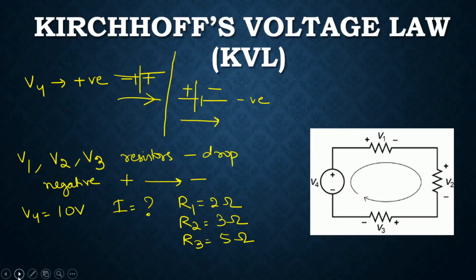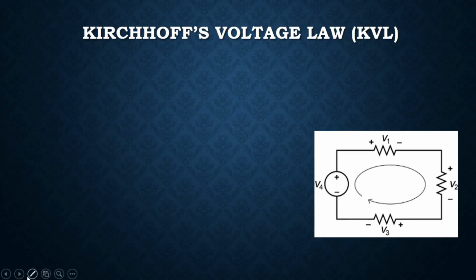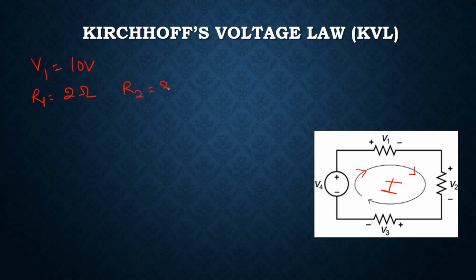So let's solve this problem. As you know, V4 is 10 volts, and I assume that a current I is flowing in the circuit and the direction is like this. The resistance R1 is 2 ohms, R2 is 3 ohms and R3 is 5 ohms.